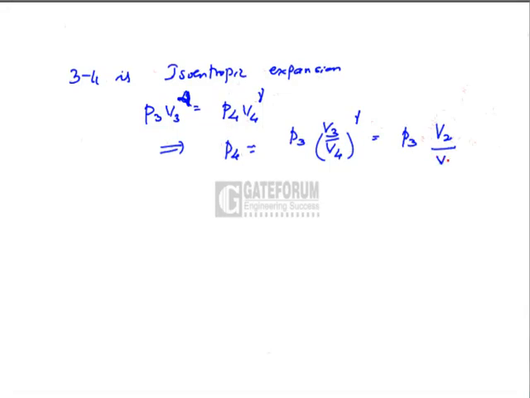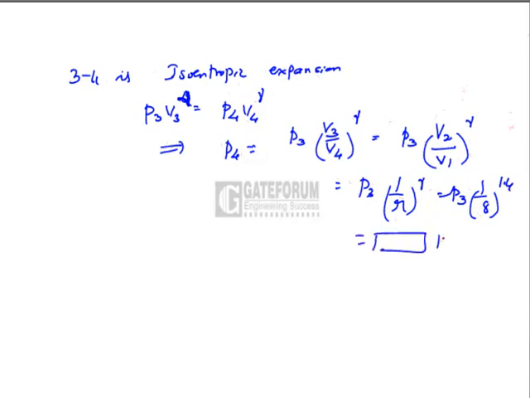V4 can be written as V1, because V4 is V1 in the constant volume heat rejection process. That is P3 into 1 by R to the power of gamma. P3 is already calculated, 1 by 8 to the power of 1.4. Therefore, P4 could be obtained in kilopascal.